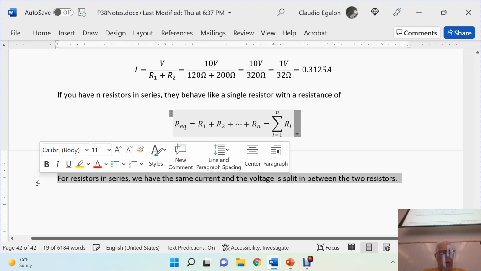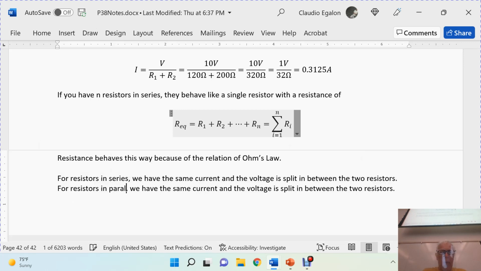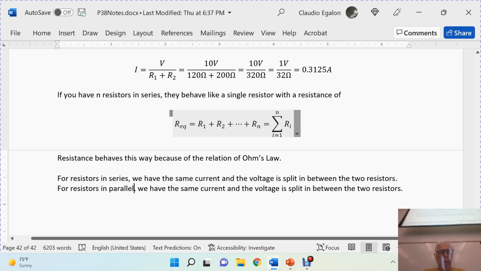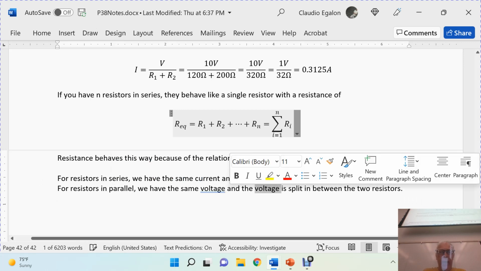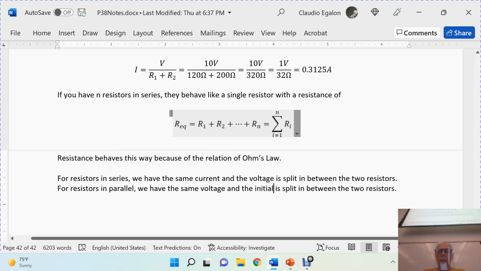For resistors in parallel, the situation is the opposite. I believe I talked about that in the lab, right? We have the same voltage, and the initial current is split between the two resistors. It's all the way around.